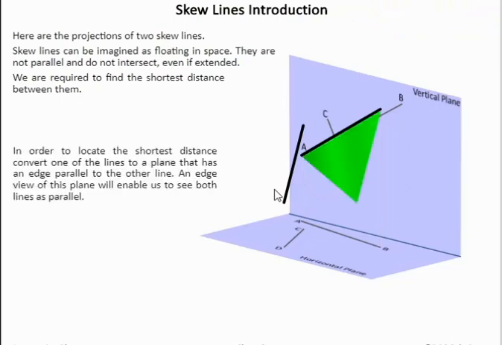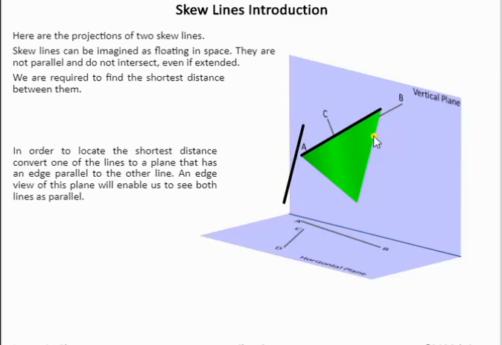Now in this question, we have to create a plane on one of the lines. So we have to create this laminar surface, and to create it we need to have one of the new edges parallel to our other line, so parallel to CD in this case. So this edge here is going to be parallel to CD.